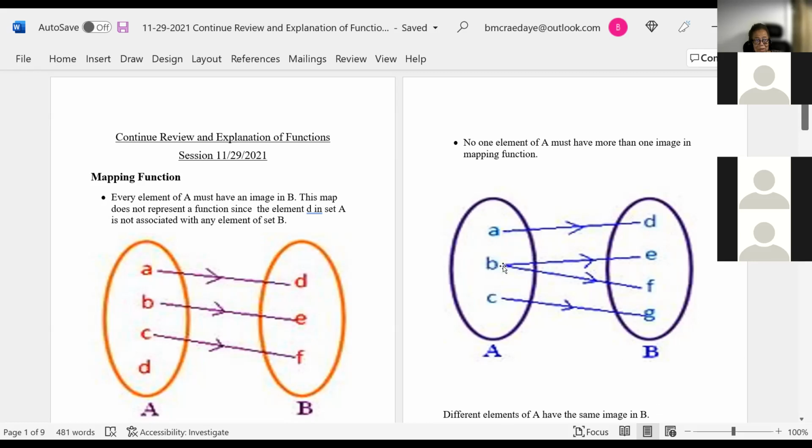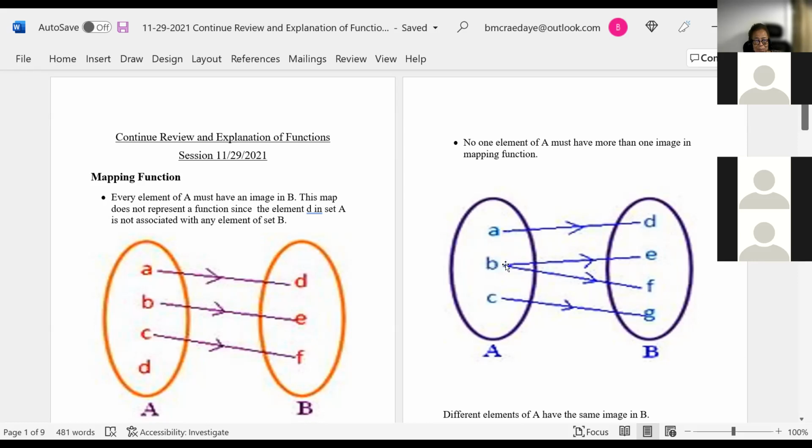But remember, this can only map to one output. Yeah, it can only map to one output. But here you're mapping to E and F. So that means it's not a function.